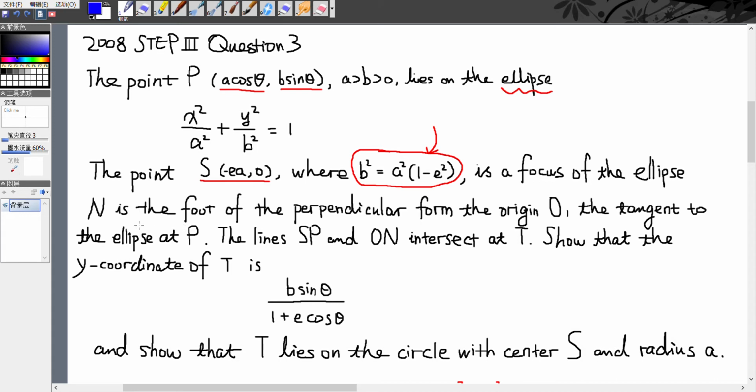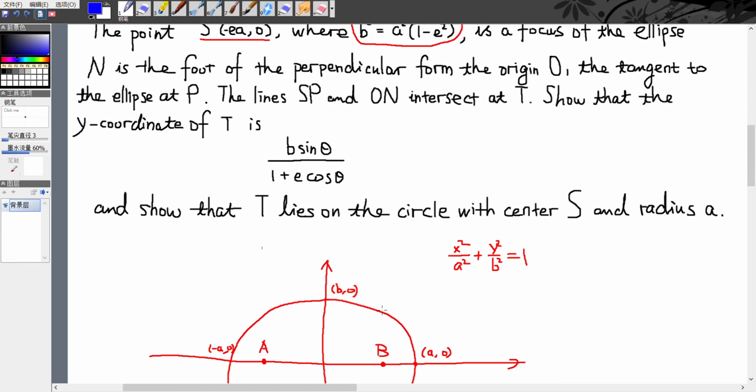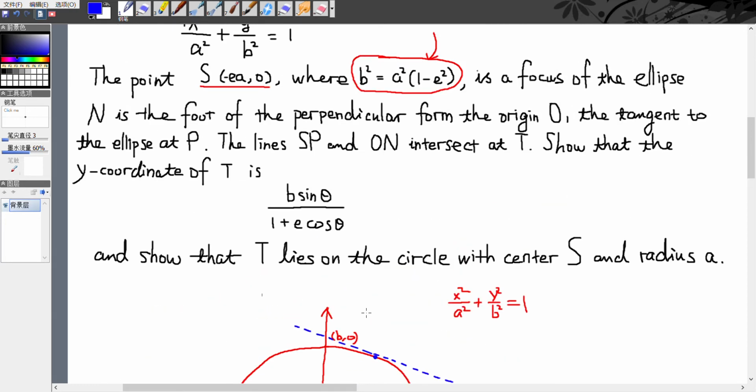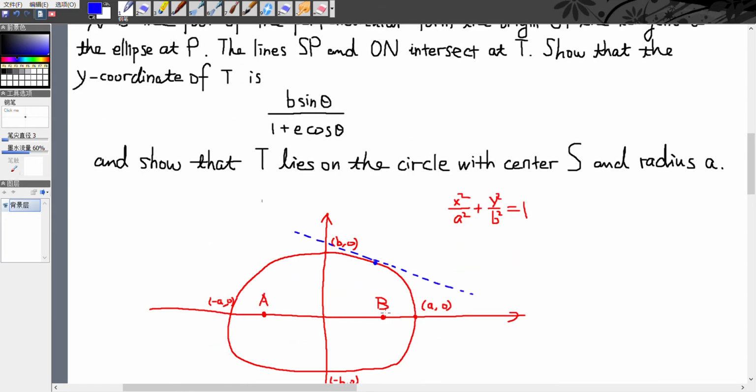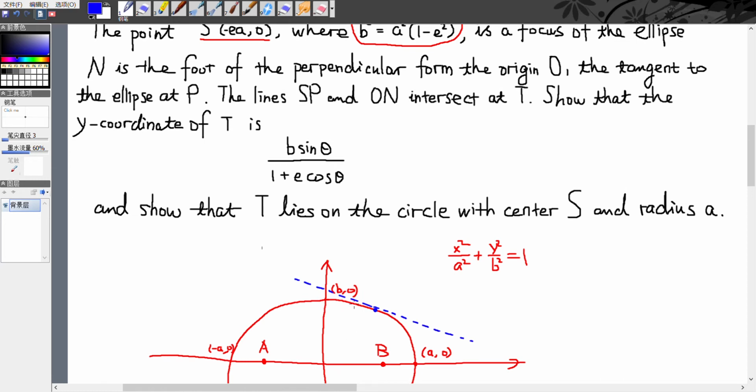And N is the foot of the perpendicular from the origin to the tangent to the ellipse at P. So for example, we have a point P right here, and we have a tangent right here. I think what the question means is that if we have this point O, and our N should be right here, if we connect the point O and point N, we shall have a right angle right here.